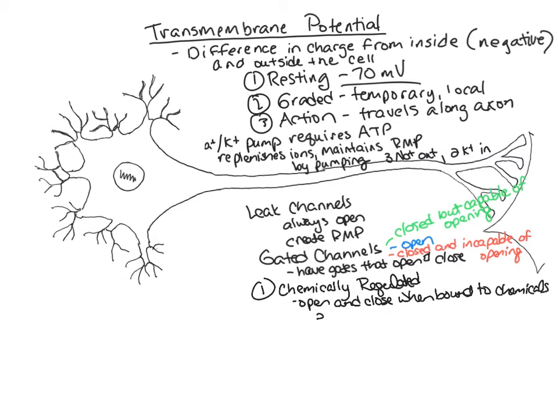And once acetylcholine binds to the receptors, then that gated channel will open. These chemically gated channels are found in abundance on the dendrites and the cell body of a neuron. They're also found at the neuromuscular junction on the motor end plate.